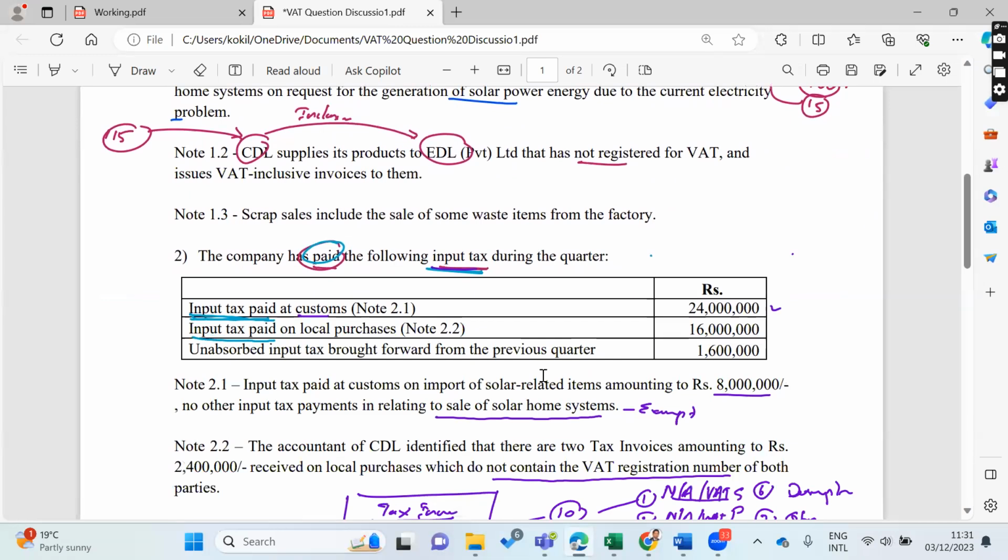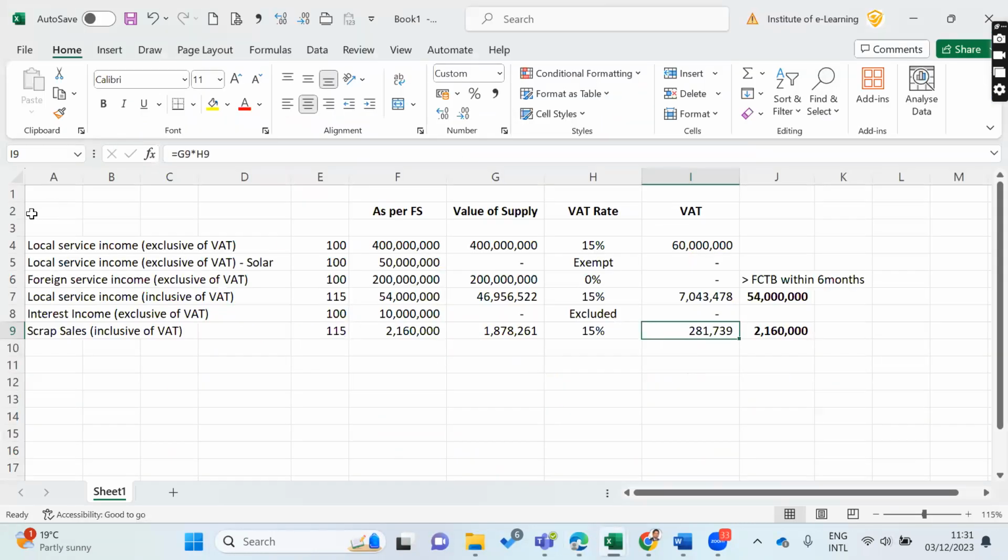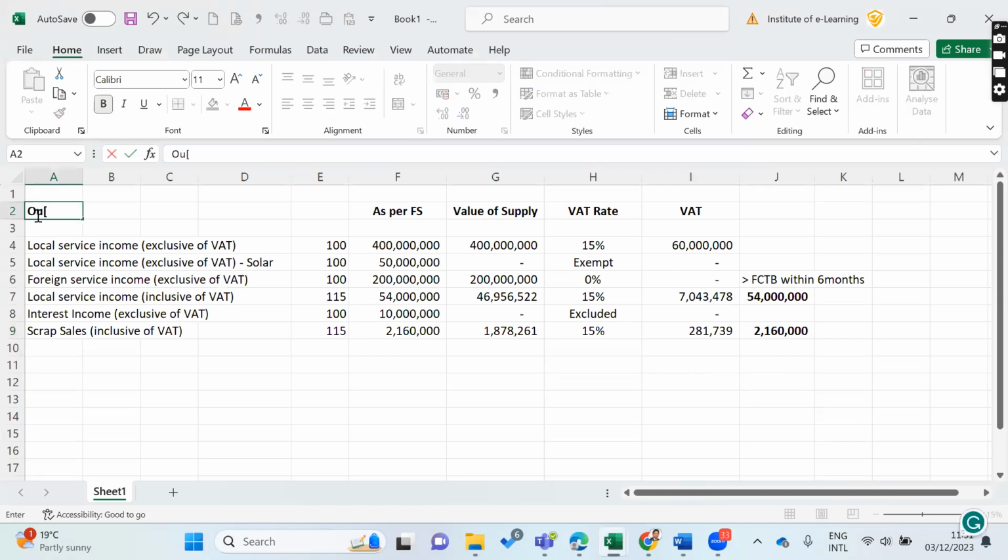Then the second part, when it comes to inputs, the input tax, what we have to do. The output part we have done. Output tax, we have done.